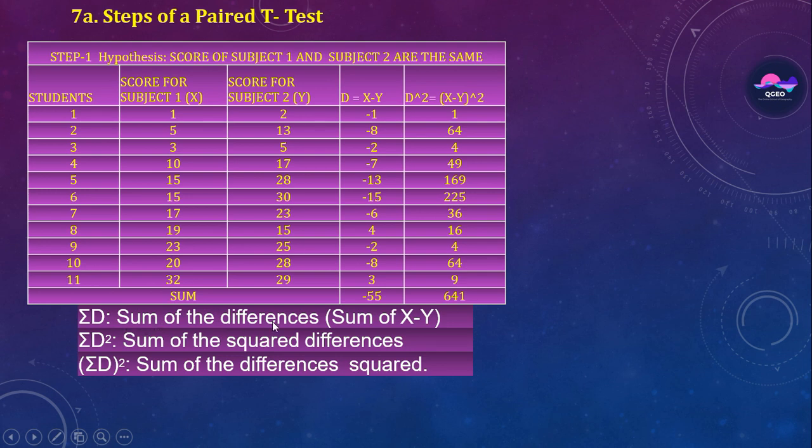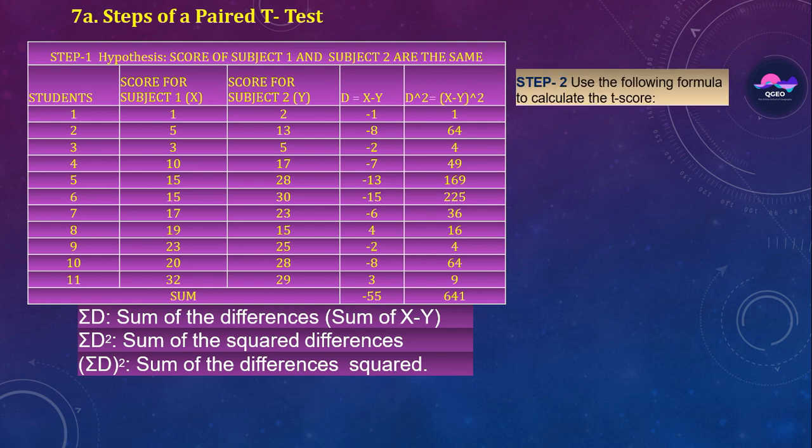Summation of d, the sum of the differences, and summation of d square, here 641, the sum of the squared differences.